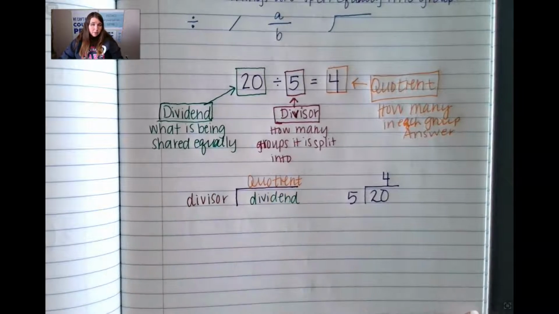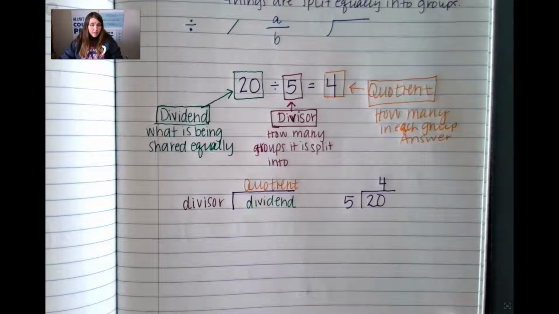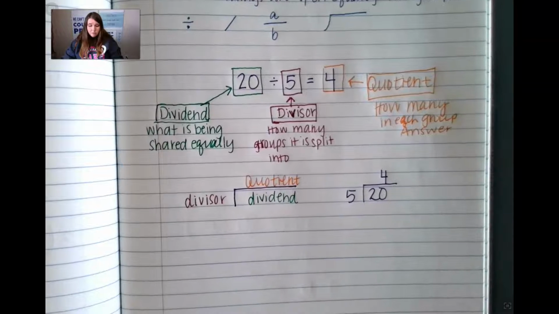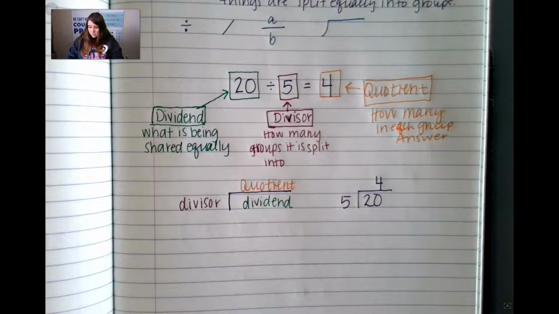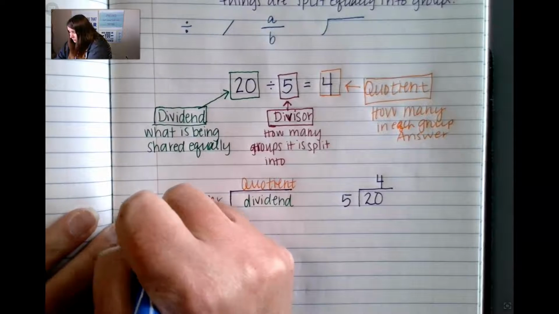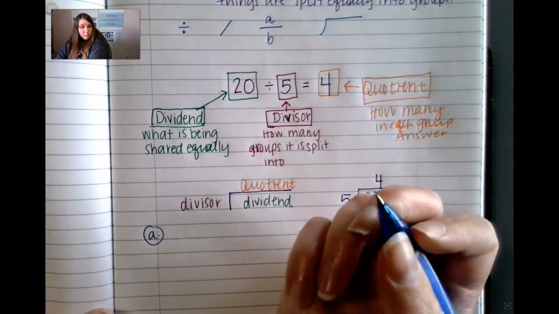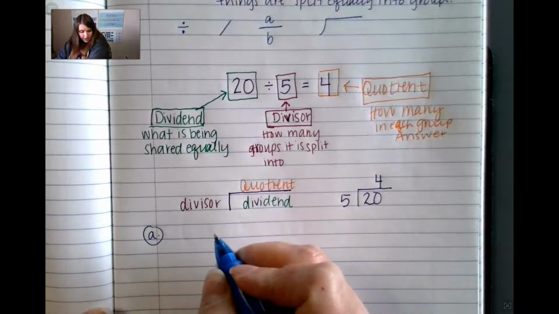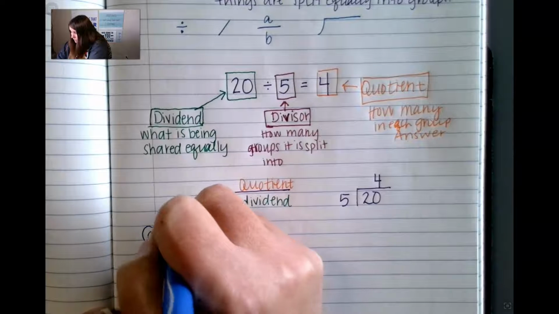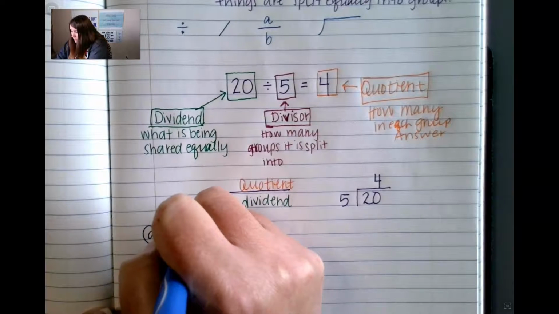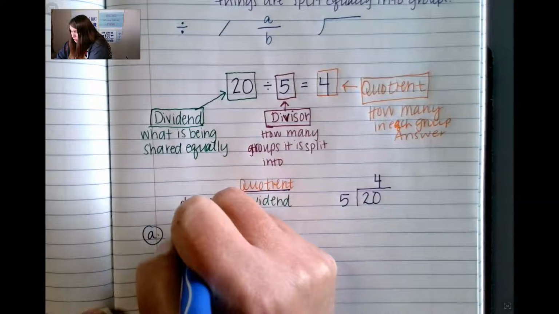So you really could write this as a sentence to know the vocabulary words. Okay, so let's talk now about having a group of things and needing to split it up into some parts. Let's say that I have example A. Let's say I have 12 divided by 2.